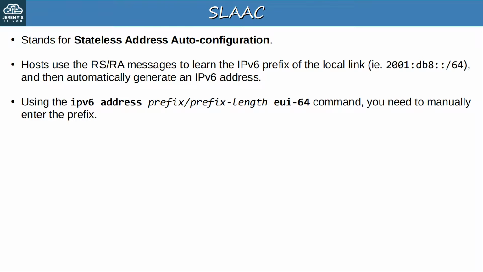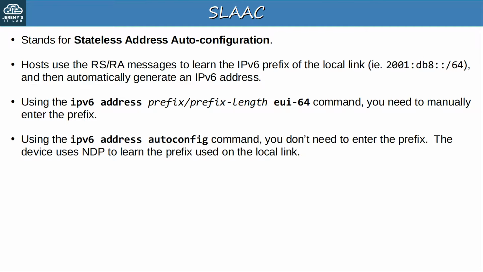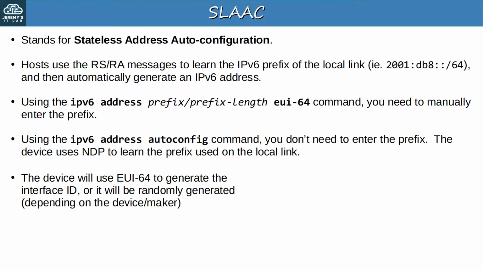We did that in the last lesson. However, the command for SLAAC, ipv6 address autoconfig, doesn't need the prefix. Why is that? It's because NDP is used to learn the prefix used on the local link via the RS and RA messages. Then the device will use EUI-64 to generate the interface ID, or it can be randomly generated, depending on the device and maker.